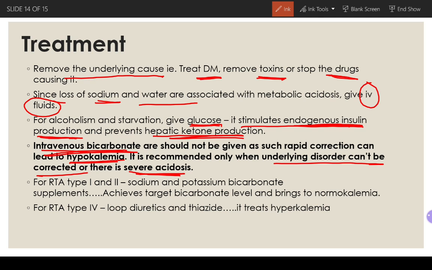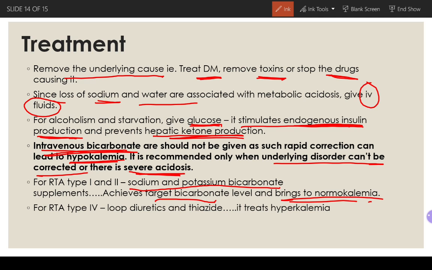Now for RTA type 1 and type 2, you will give sodium and potassium bicarbonate. How this helps is that it achieves the target bicarbonate and also corrects the hypokalemia. In type 1 and type 2 you have hypokalemia, so giving potassium bicarbonate brings it to normokalemia, and also gets to the target bicarbonate level, and it treats the acidosis.